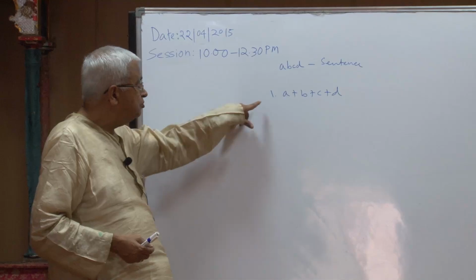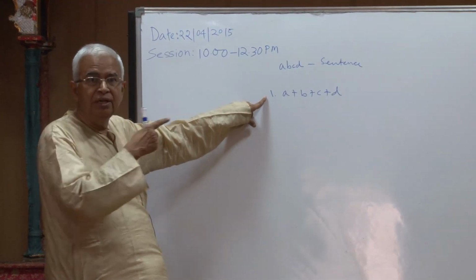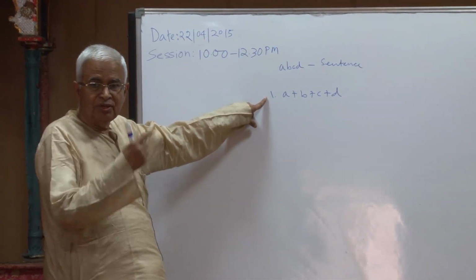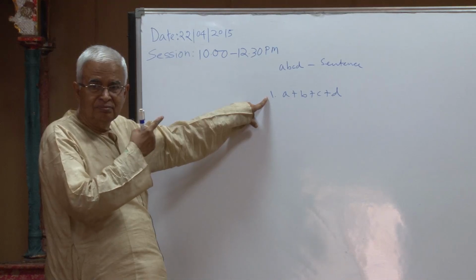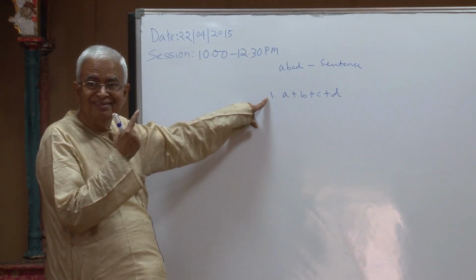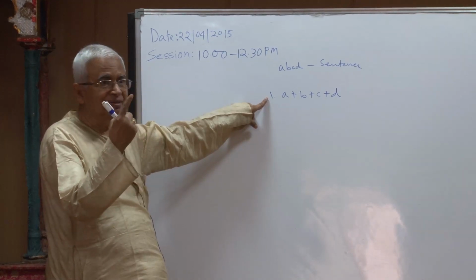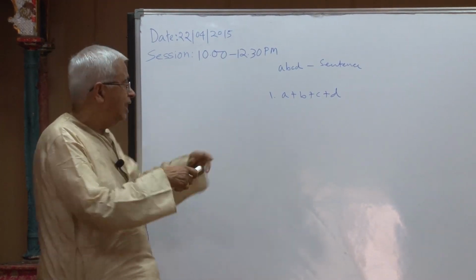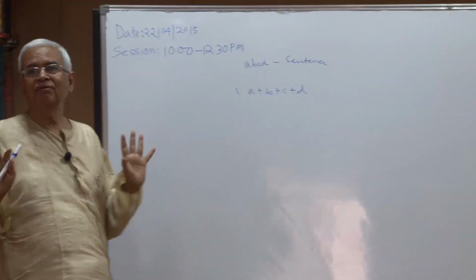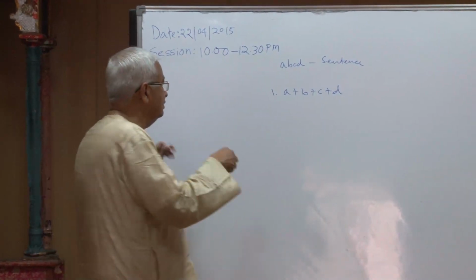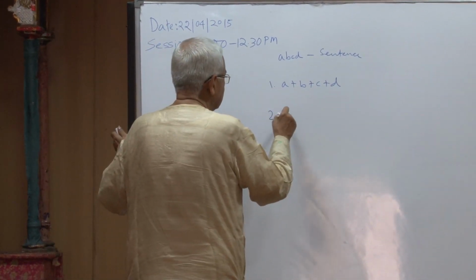So, receiving the sentence by the reader should be in this form. So, what jnana he has now? Padajnana he has. And then the prakriya will begin now. And then he will go to the next step.